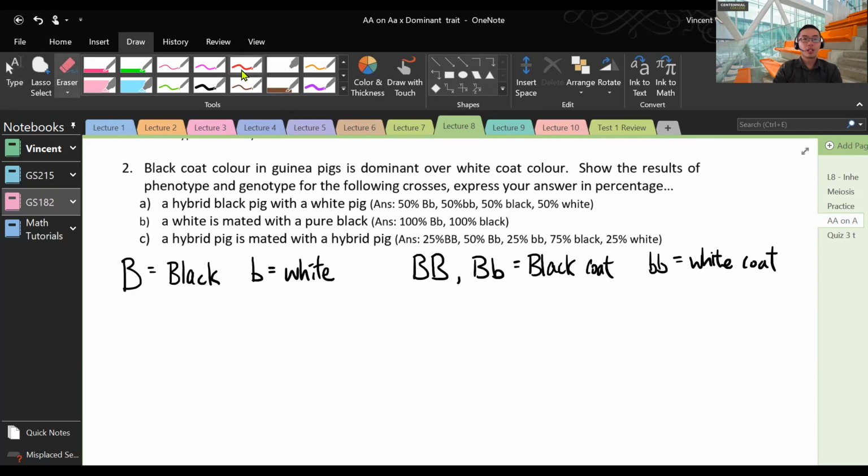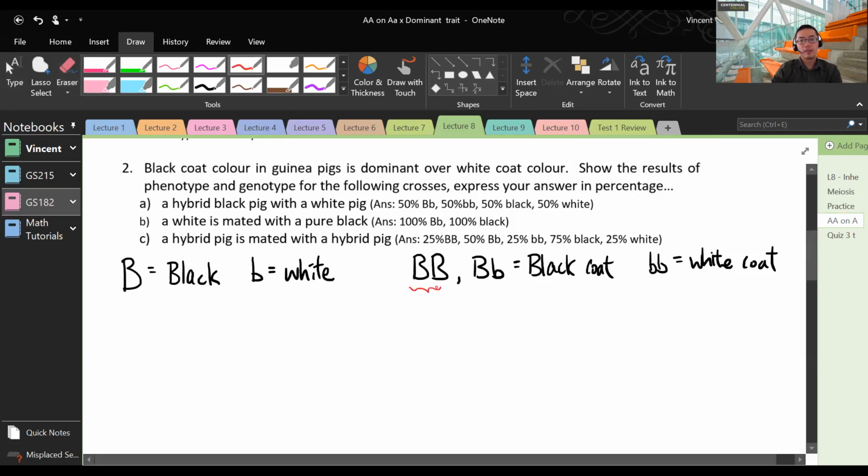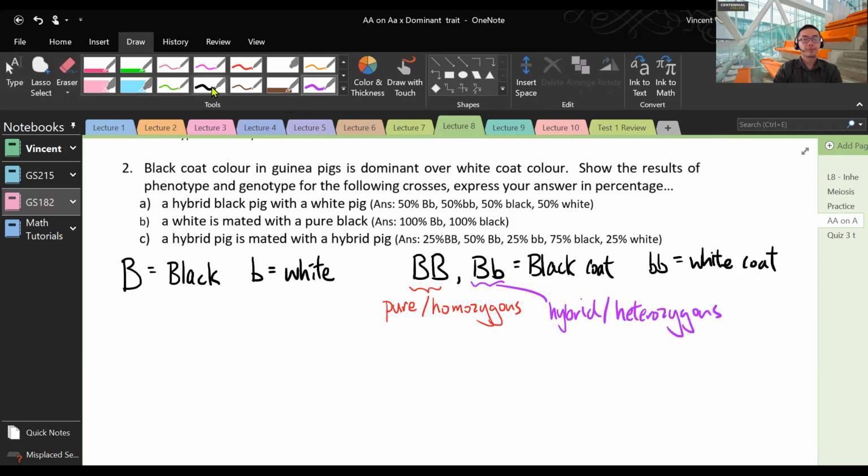Okay, couple of terminologies in case you forgot. If it's the same allele, we call it pure or homozygous. Okay, if it's not the same, then we call it hybrid or heterozygous. Okay.